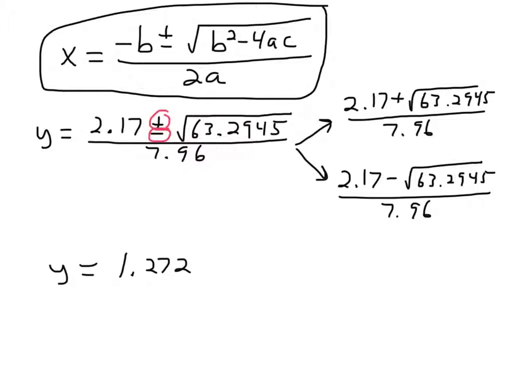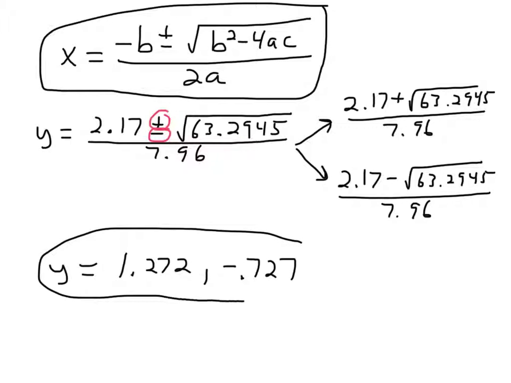And now let's do the one that's on the bottom here using the minus sign. And when I work that one out, I get negative 0.727. I'm going to round it off to negative 0.727. And those would be your two approximate solutions.